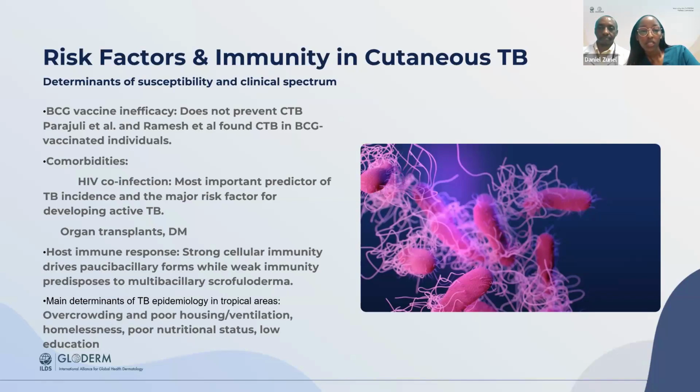Patients who have a stronger immune system tend to have paucibacillary forms, while those with a weaker immunity are predisposed to developing multibacillary forms like scrofuloderma. Other determinants of TB generally, and cutaneous TB as part of it, are overcrowding, poor housing and ventilation, homelessness, poor nutritional status, and also education.